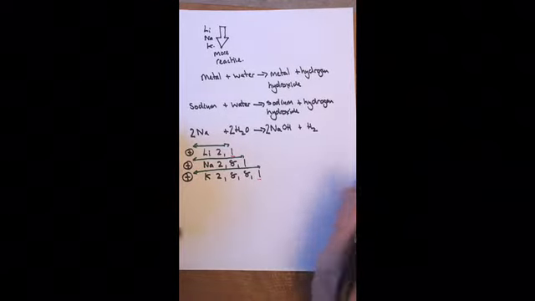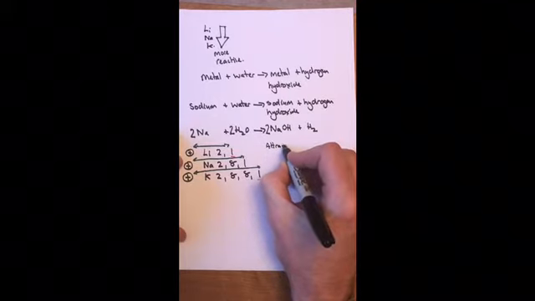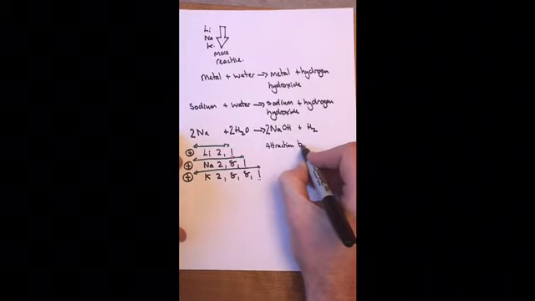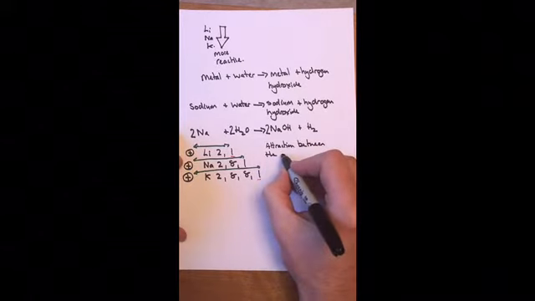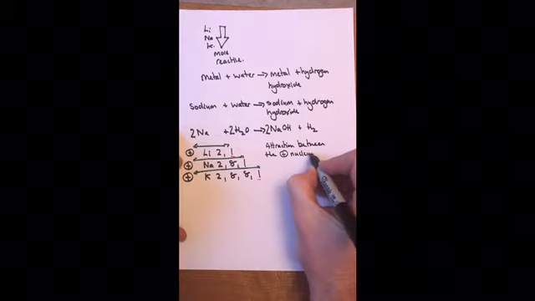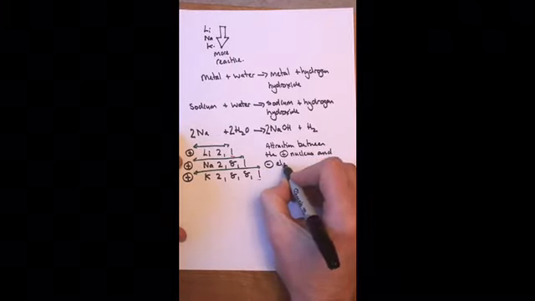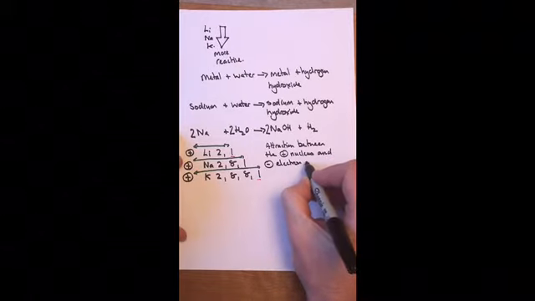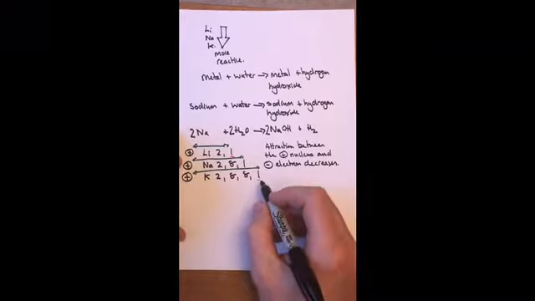Okay, so the first one we can look at here is that the attraction between the positive nucleus and negative electron decreases. Why does it decrease?